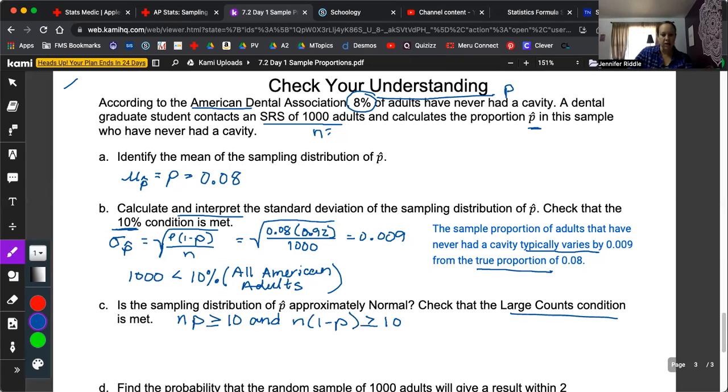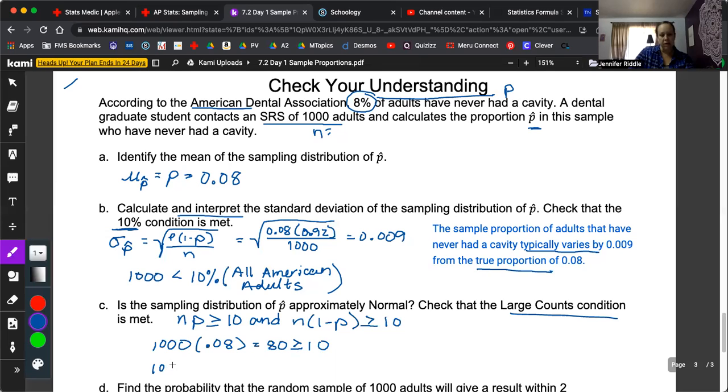So my sample size was 1,000 times my proportion 0.08, and that is equal to 80, which is in fact greater than or equal to 10.